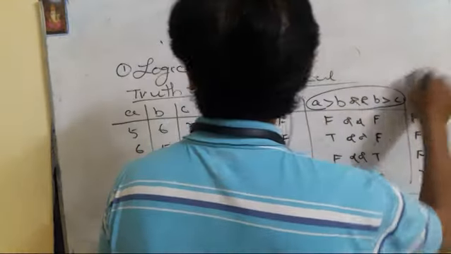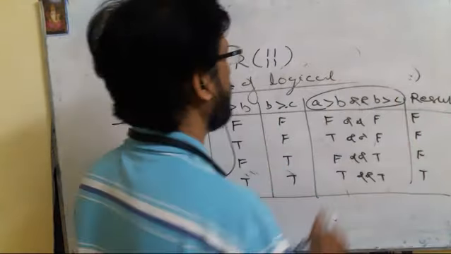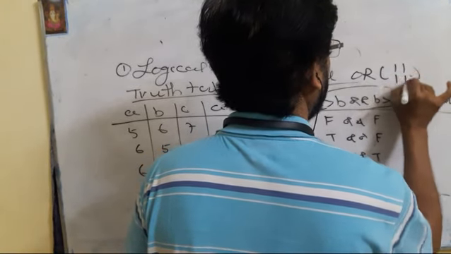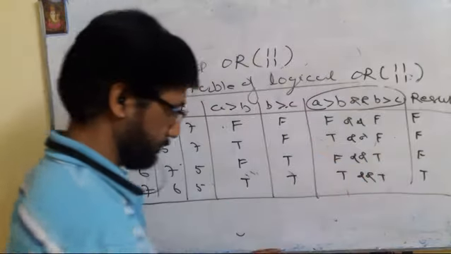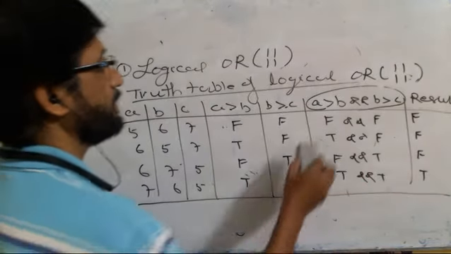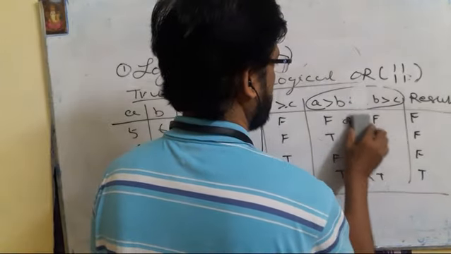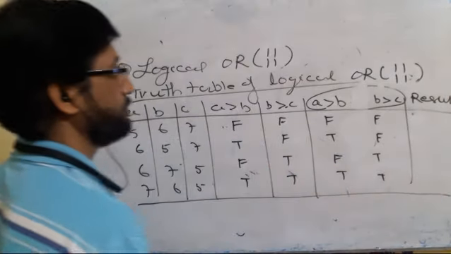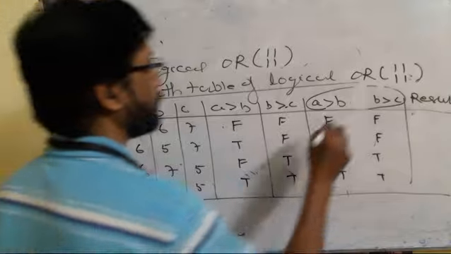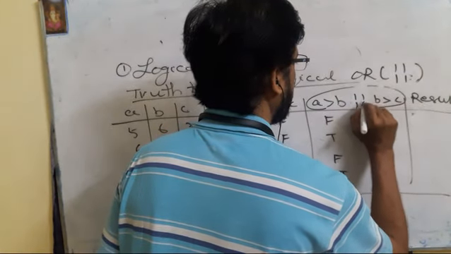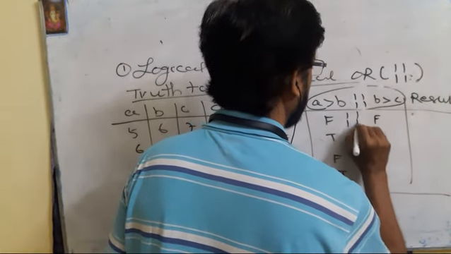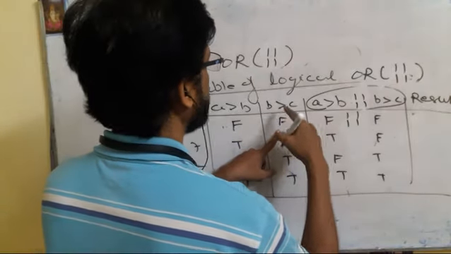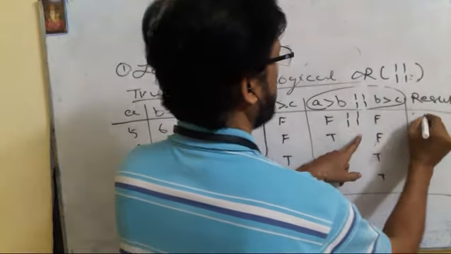So this is the truth table of the logical OR operator. False or false is false.